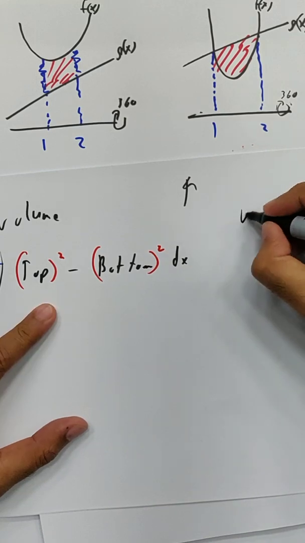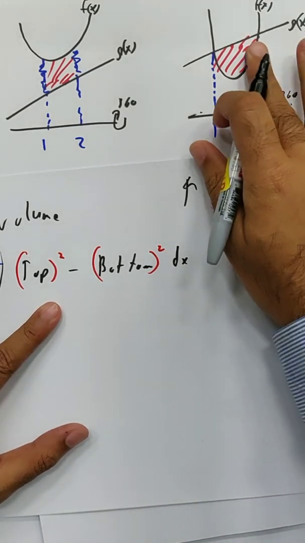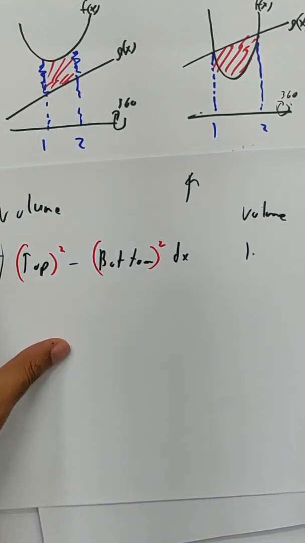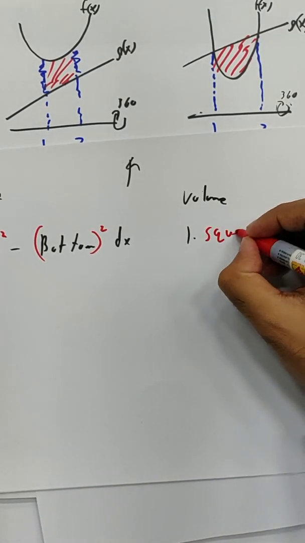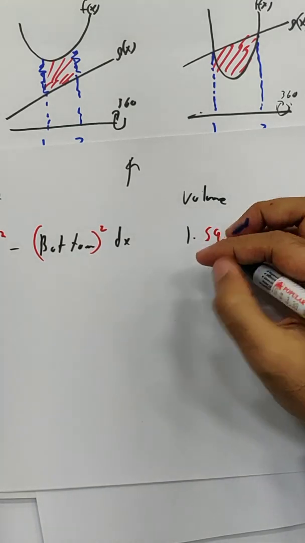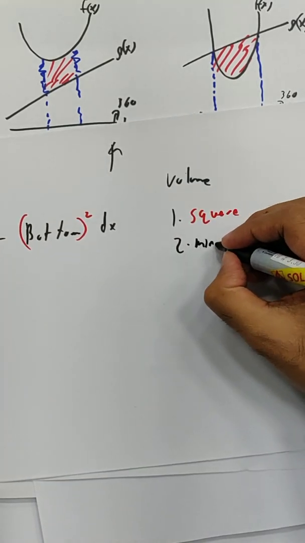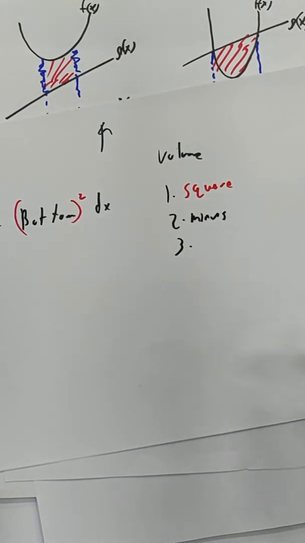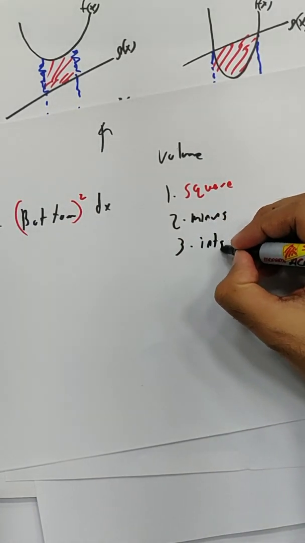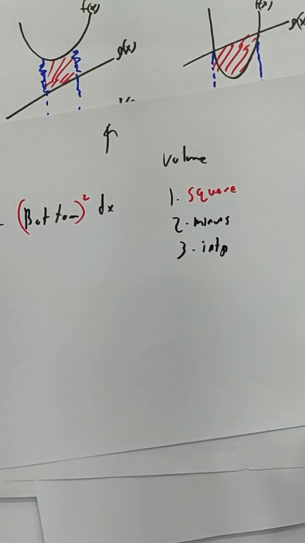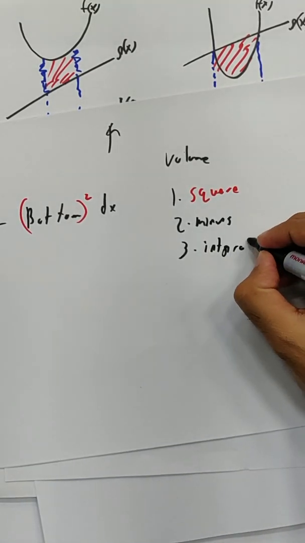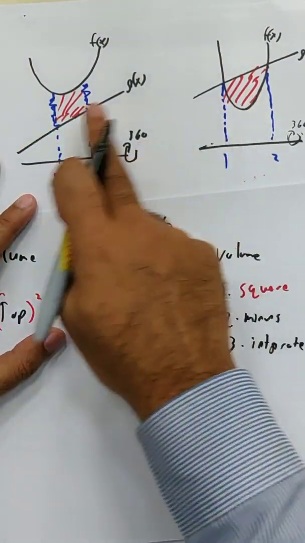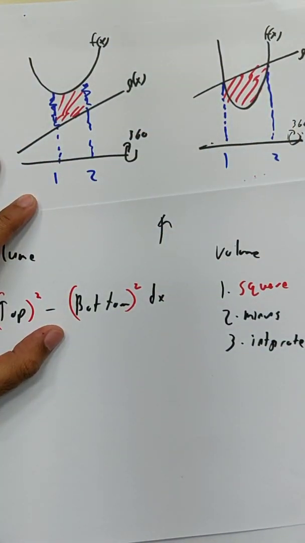So the volume, for the case of the completely enclosed, first you square, second you minus, and then third only you integrate. Okay, so next time when you want to do the area and volume question, make sure which graph you are doing first.